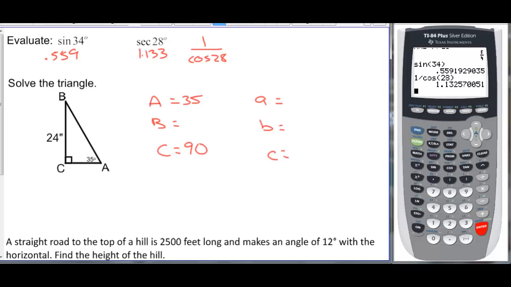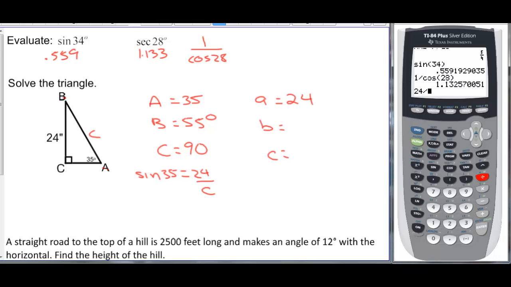We don't know B, however, A and B have to be complementary, so this has to be 55 degrees. We know side A is 24, and we need side B and side C. We can get side C by doing what? Opposite, adjacent. Sine of 35 is equal to 24 over C. So we can use sine to find that hypotenuse.